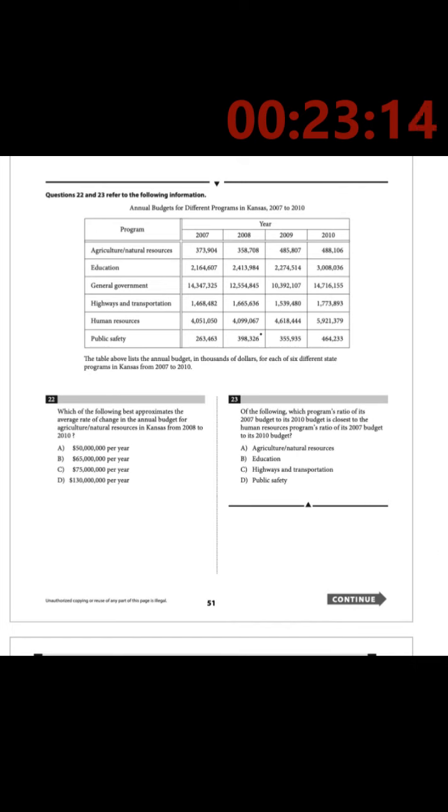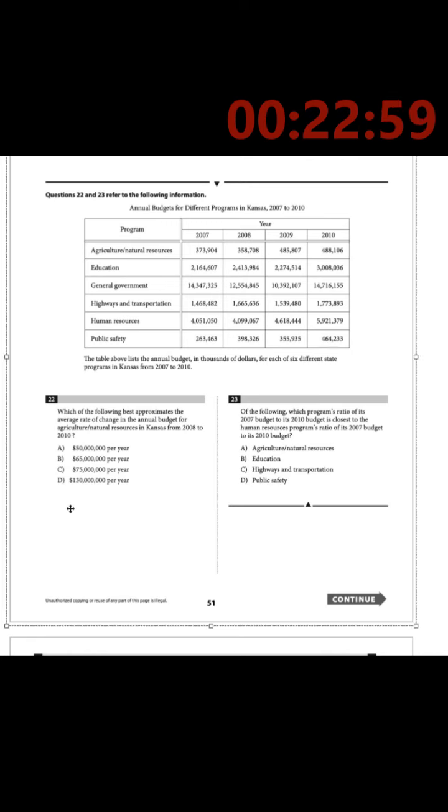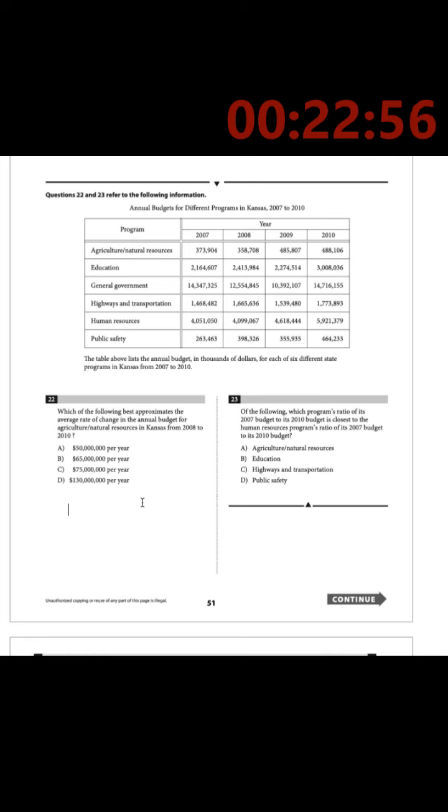Alright, from 2008 to 2010 in the agricultural and natural resources budget, for the average rate of change, it is 488,106 minus 358,708.